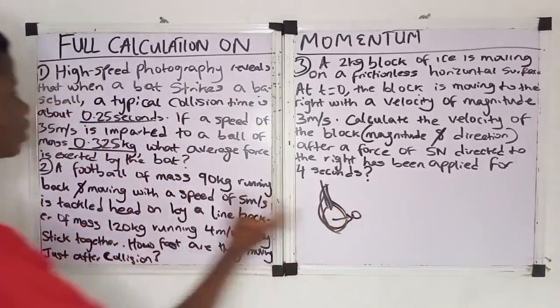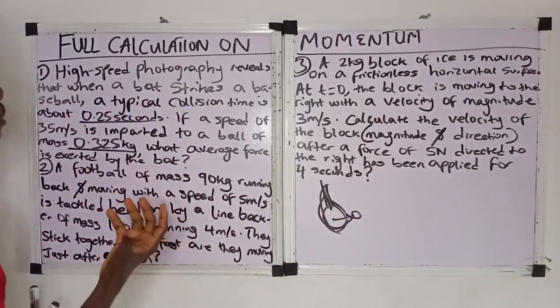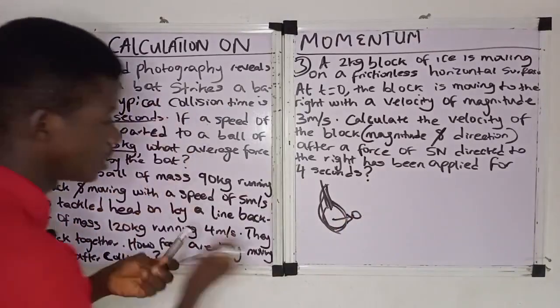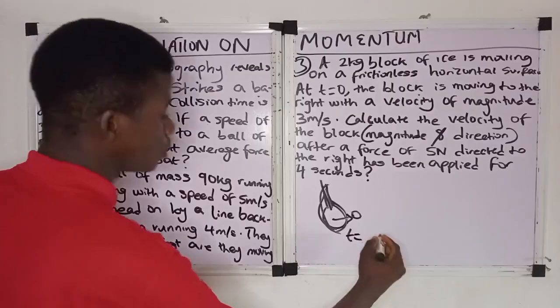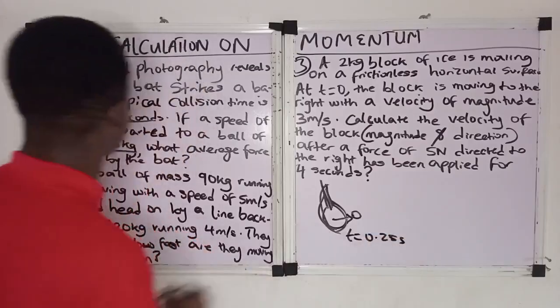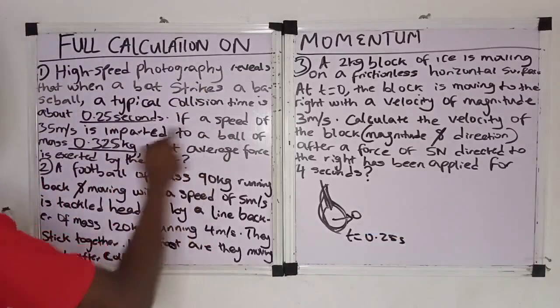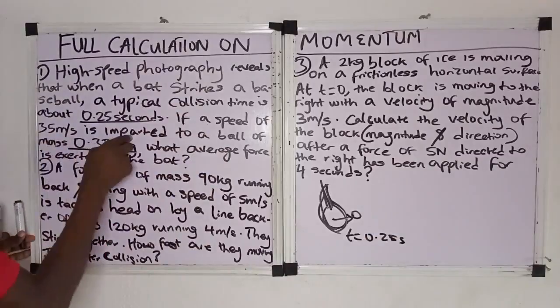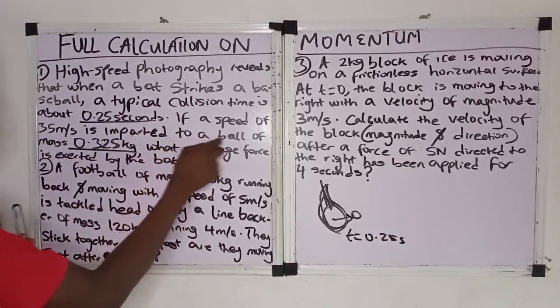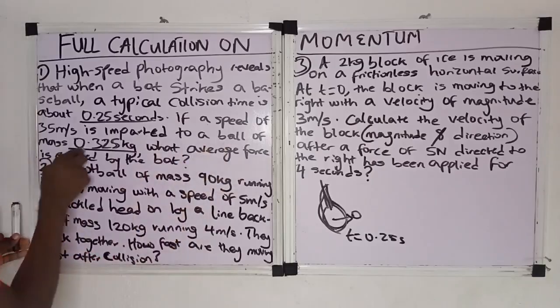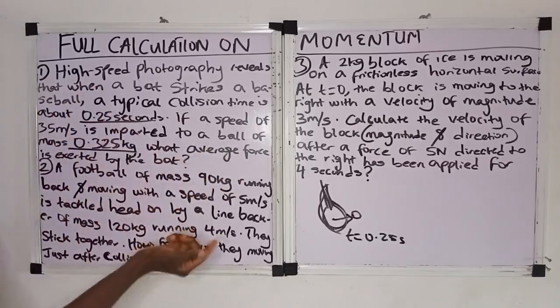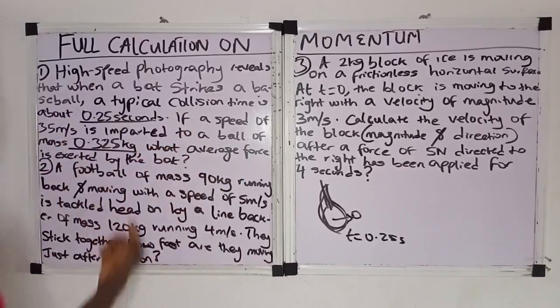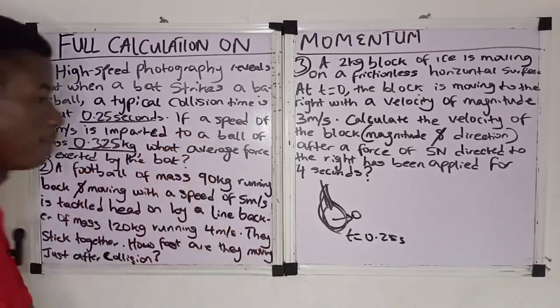So the collision time between the bat and the baseball is 0.25 seconds. If a speed of 35 meters per second is imparted to a ball of mass 0.325 kg, what average force is exerted by the bat?